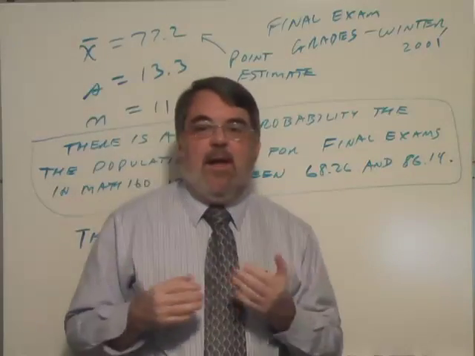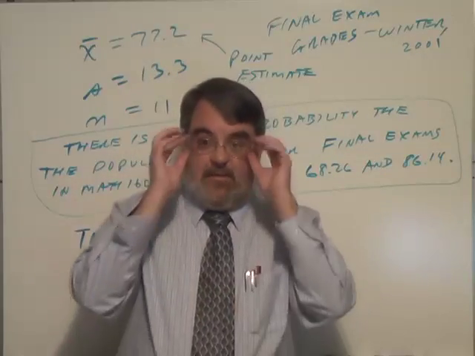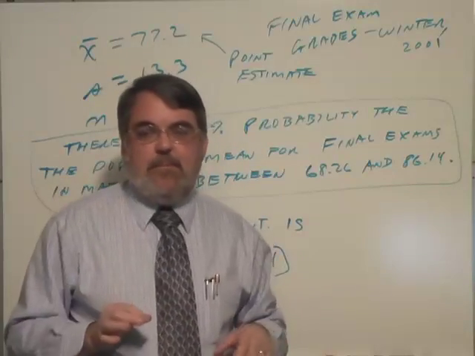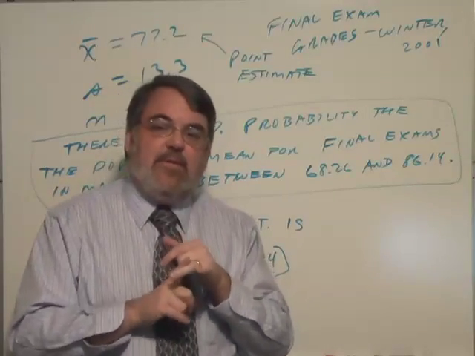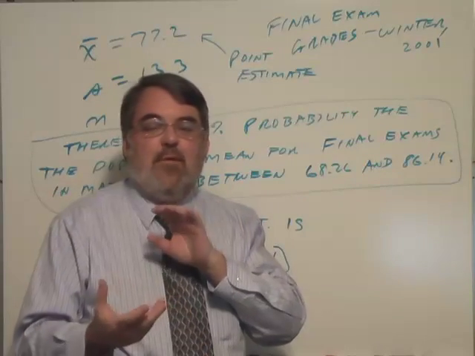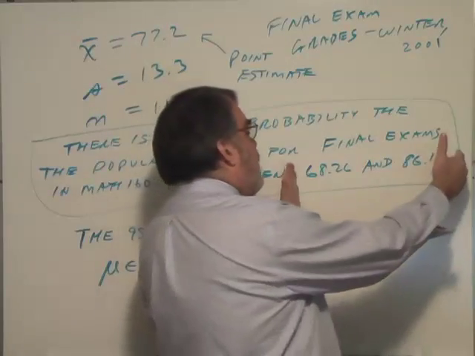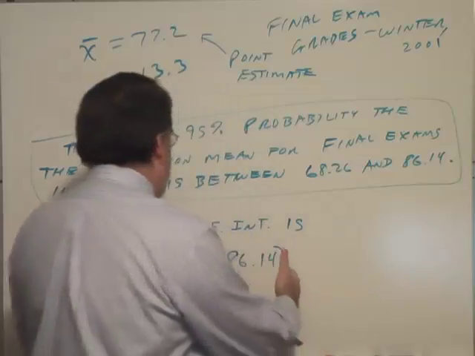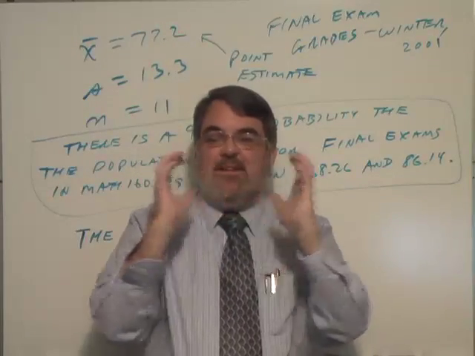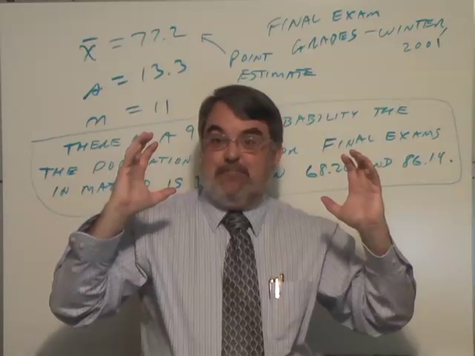Now, what if I had 100 students or 1,000 students? What would happen to this confidence interval? Well, I've erased the formula, but if you study the formula, because you're dividing by the square root of n, a larger sample size will make the margin of error smaller. And so a larger sample will shrink this confidence interval down. It'll provide a more focused estimate. Right now I have a very unfocused estimate.